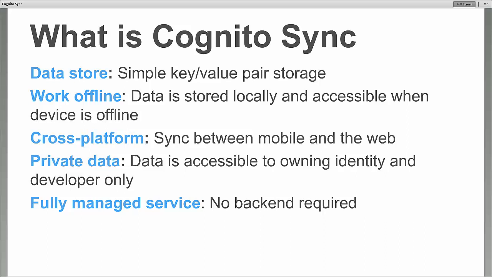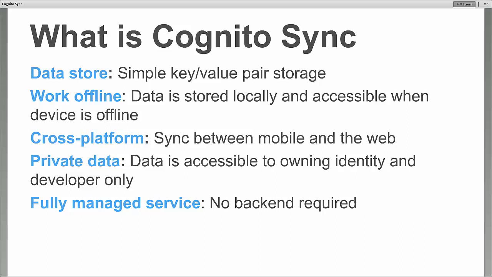It's cross-platform, not just across devices, but across platforms. So if you have users that are on Android devices, iOS devices, or even using web applications, they all have access to that user's data store. Like the rest of AWS, data is private, so the only people with access to this sync data are the developer who owns the account and the individual who logged in.